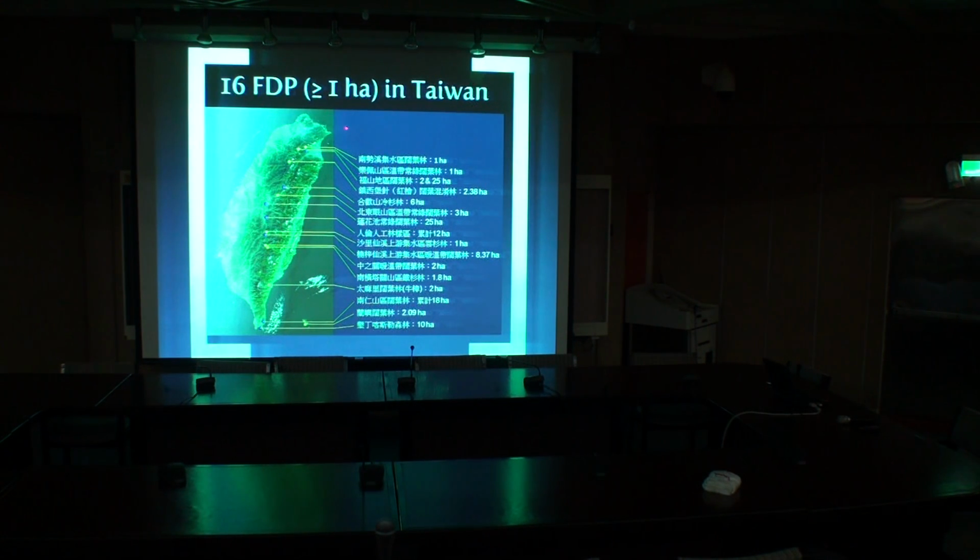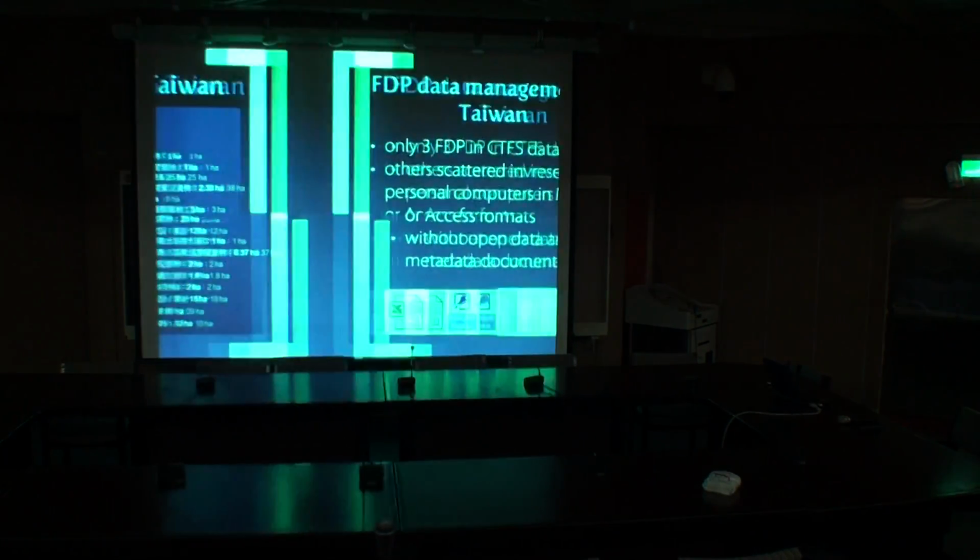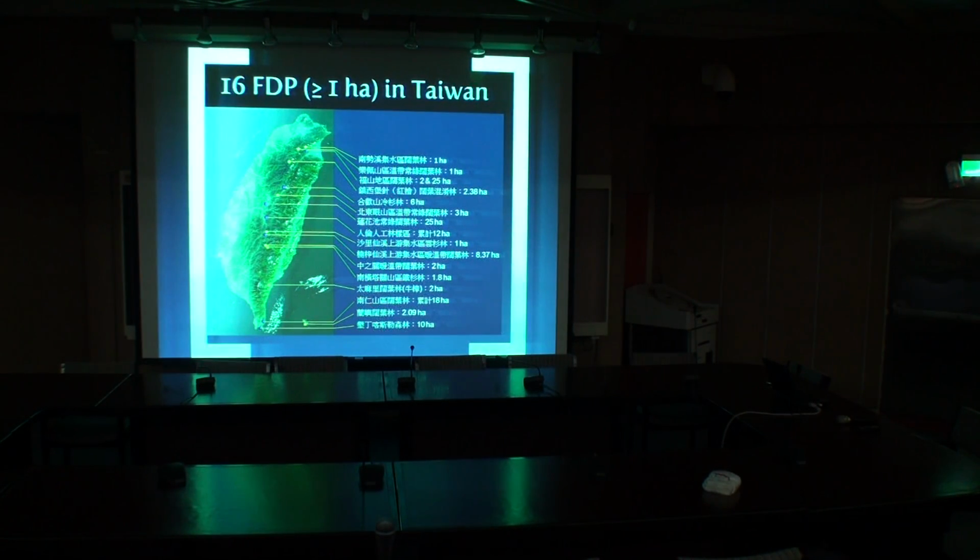But besides these plots, we still have 13 FDP plots with areas greater than 1 hectare, from northern Taiwan to southern Taiwan along the central range, from low elevation to high elevations. These plots across low to high elevation also represent different forest ecosystems.